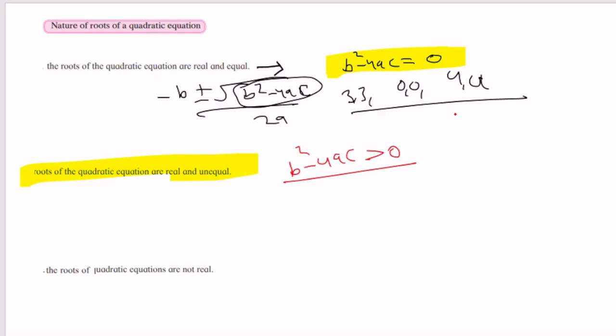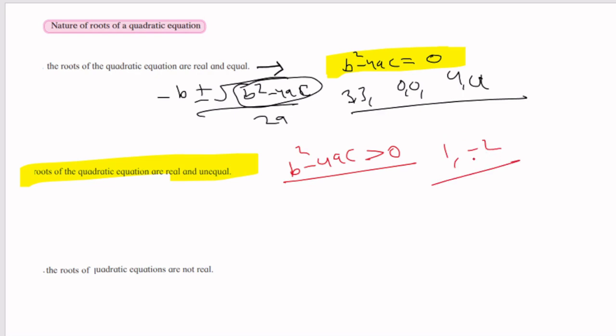If you don't know what is real and what is a rational number, that's part of learning the number system. But here, the moment your value of b square minus 4ac is greater than 0, your roots are real and unequal. When I say unequal, there are two roots. One will be something, another will be different.